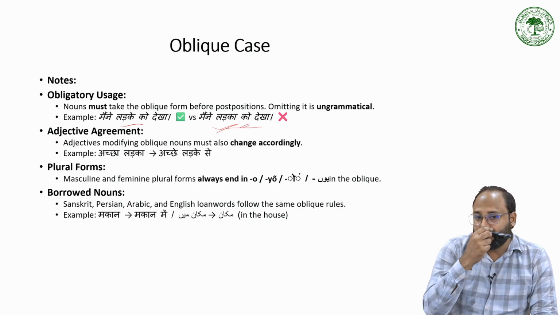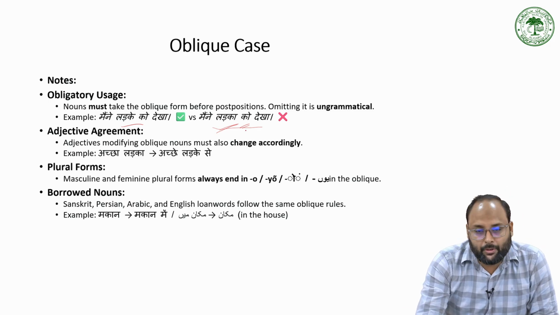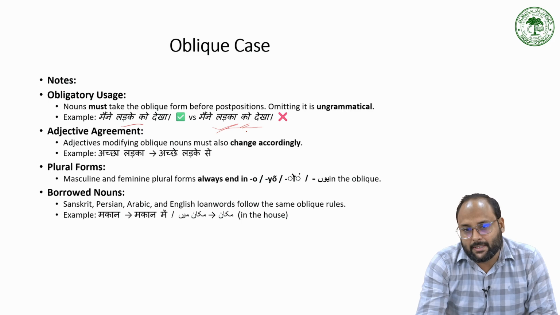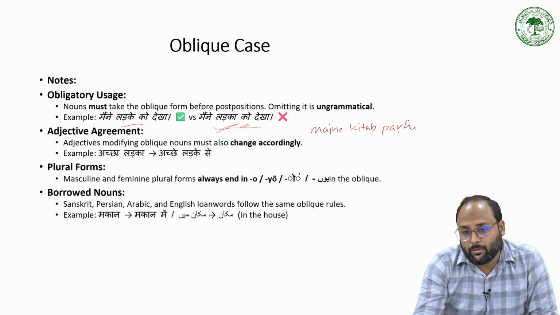And the second thing is that sometimes we do not have the ko in the postposition, which we'll discuss in the next slide. So it is a matter of animacy and specificity. Like if I am saying मैंने किताब पढ़ी, in this case there is no ko marker.